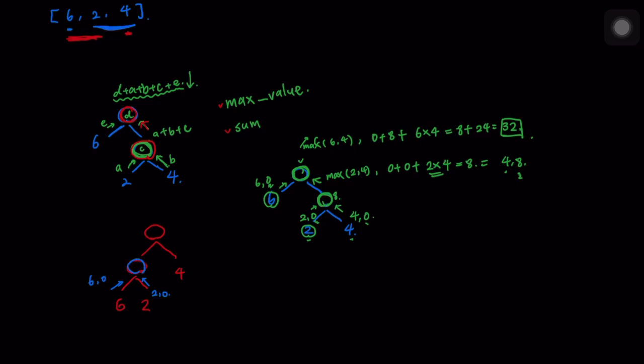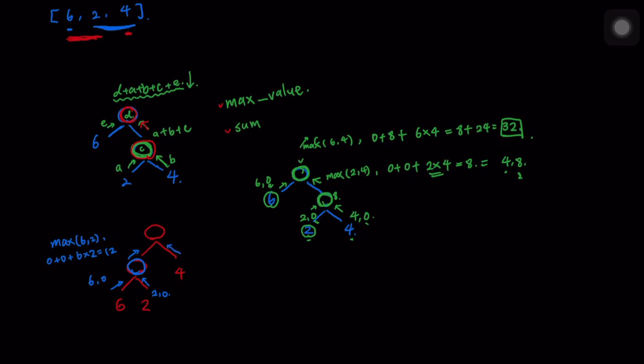So in this node, it will return the maximum value of 6 and 2, and also the sum. So the sum is the sum of its children, 0 plus 0, and the value itself. So it is 6 multiplied by 2. So that is 12.